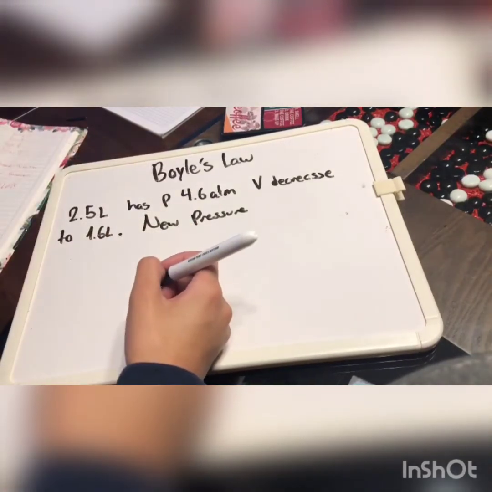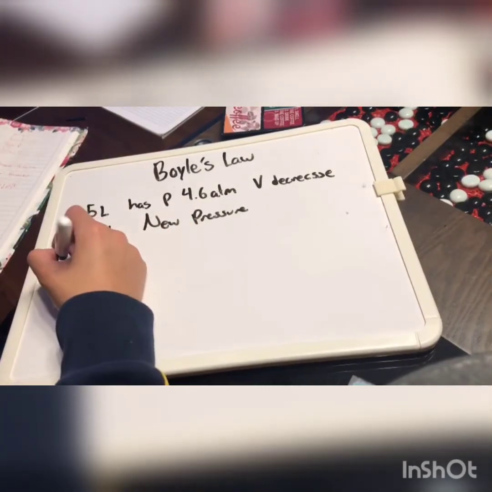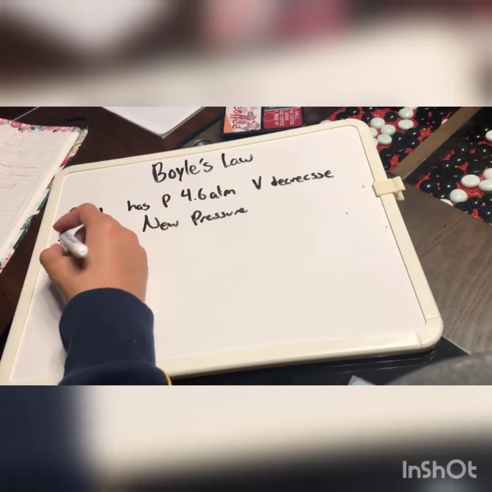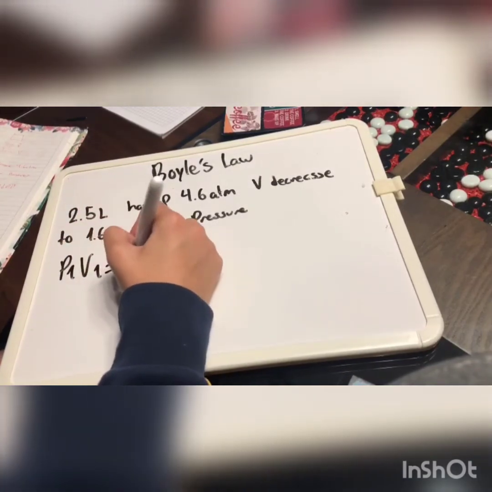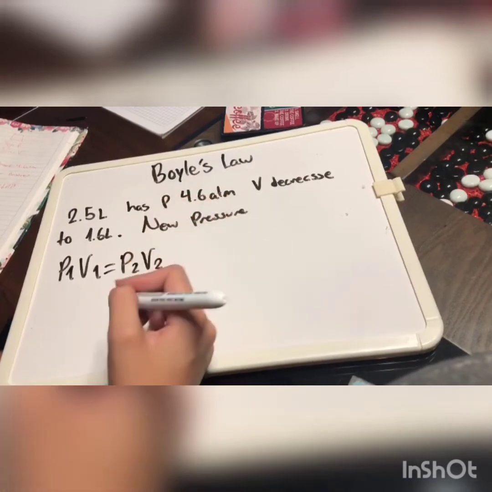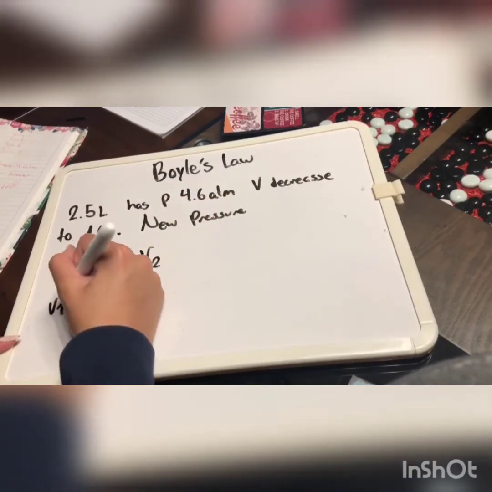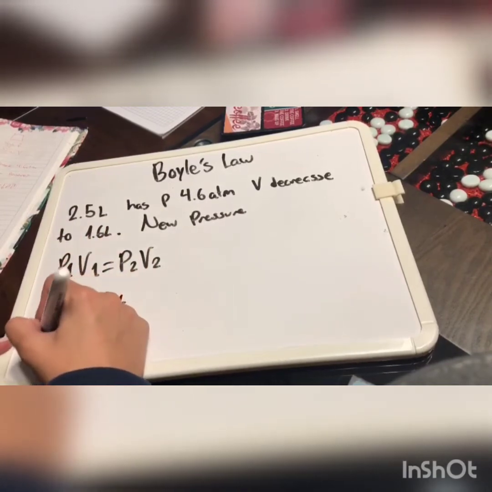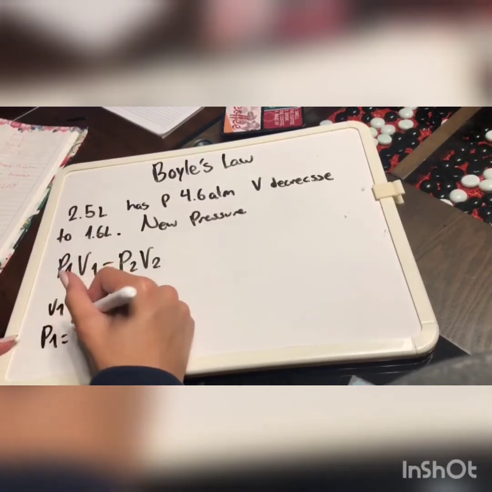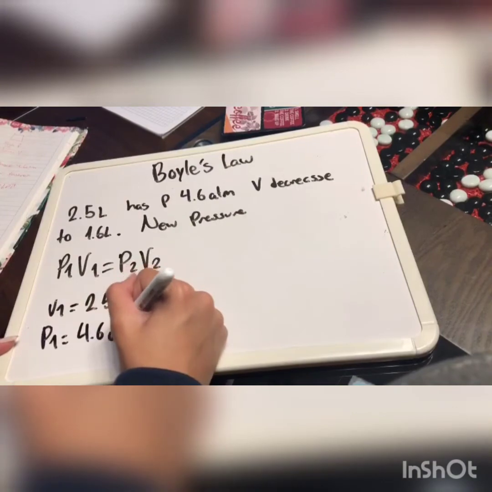The formula that we will use for this exercise would be P1V1 equals P2V2, and V1 is equal to 2.5 liters. P1 is equal to 4.6 atm.